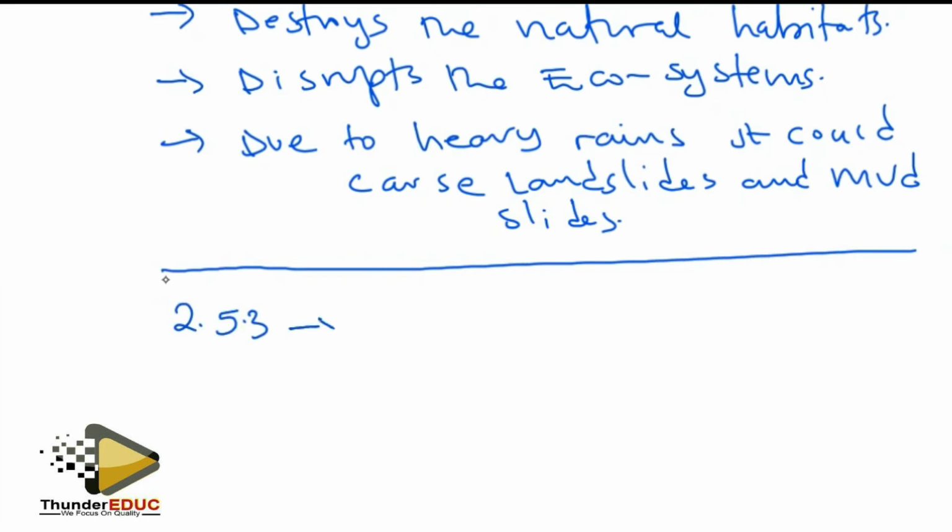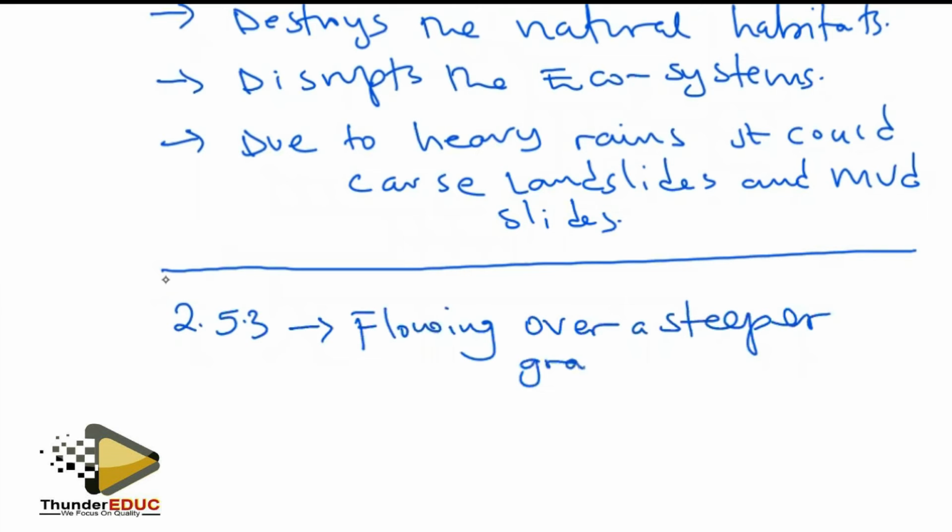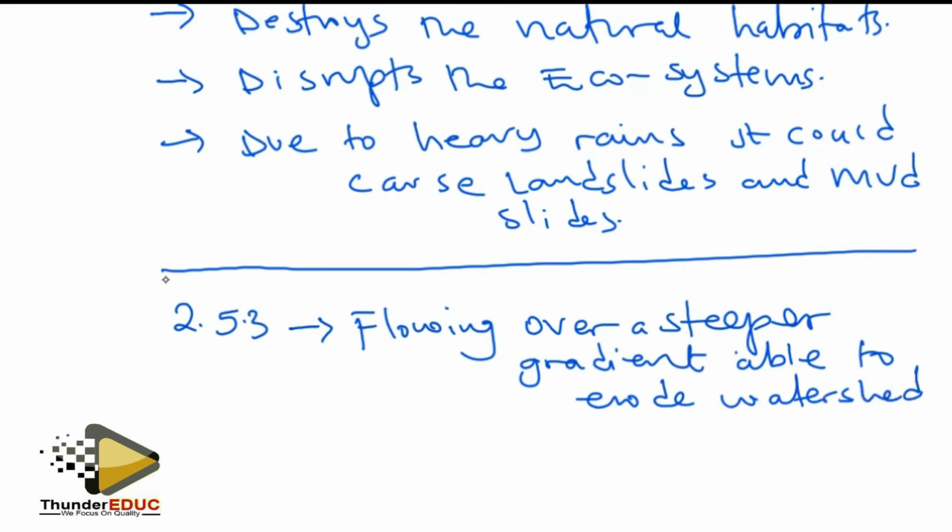So you could say it was flowing over a steeper gradient. That's why it was able to erode faster. Steeper gradient, able to erode the watershed faster.